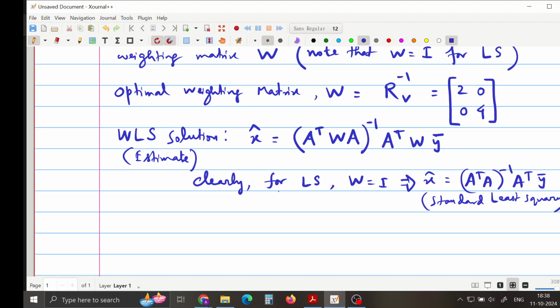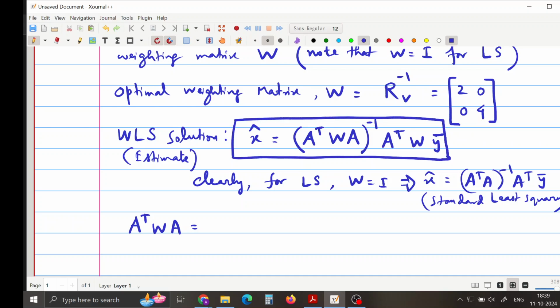So now let's compute the WLS estimate, part by part. Let's first find A transpose WA.